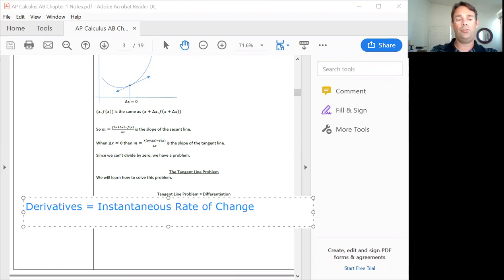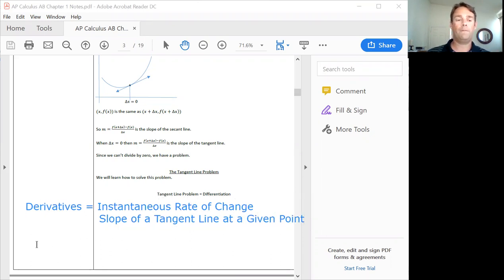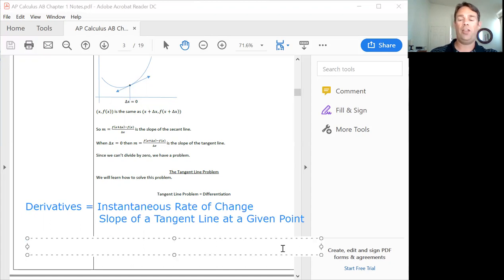In other words, it's the same thing as finding the slope of a tangent line at a given point, which is what a tangent line is. So for us, a derivative is instantaneous rate of change, where the slope between 2 points we call the average rate of change.